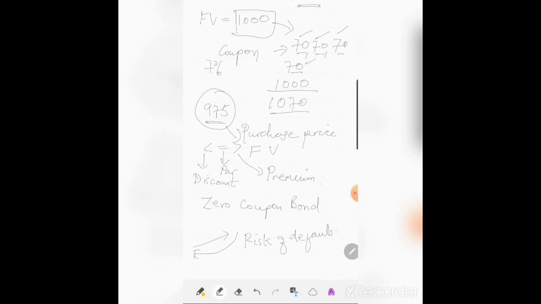So let's say I'm lending this money to the government. There is very little chance of default. I'll be very much assured that I'll get my money back. But if I'm lending it to a startup company, there is a very high chance that they may close down in the next few years and my money may not come back. So the risk of default in startups is much higher.